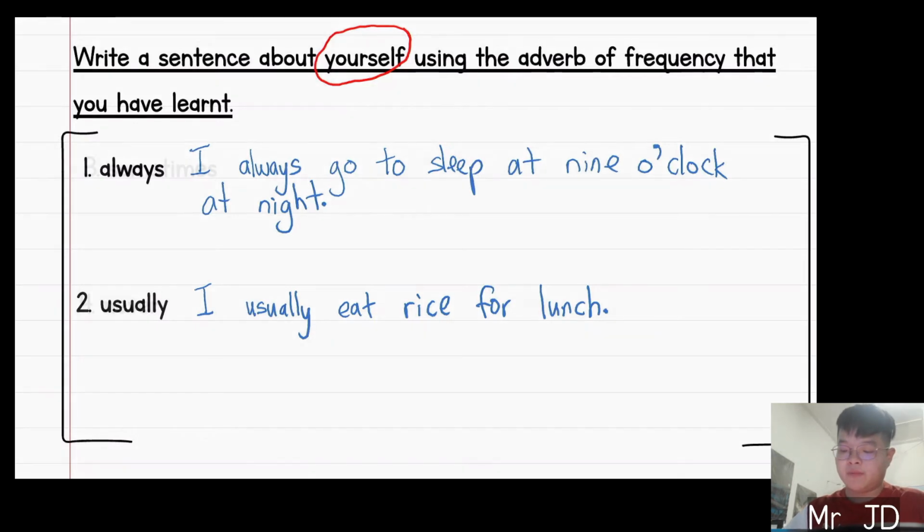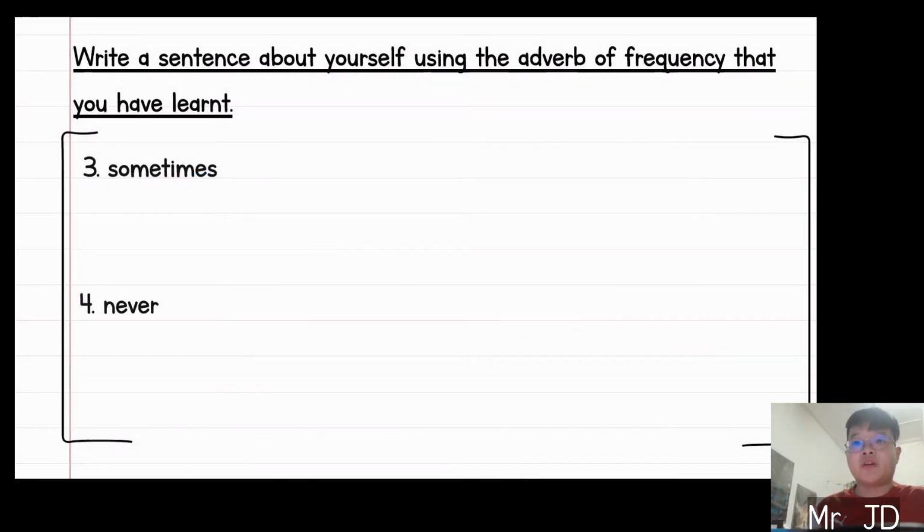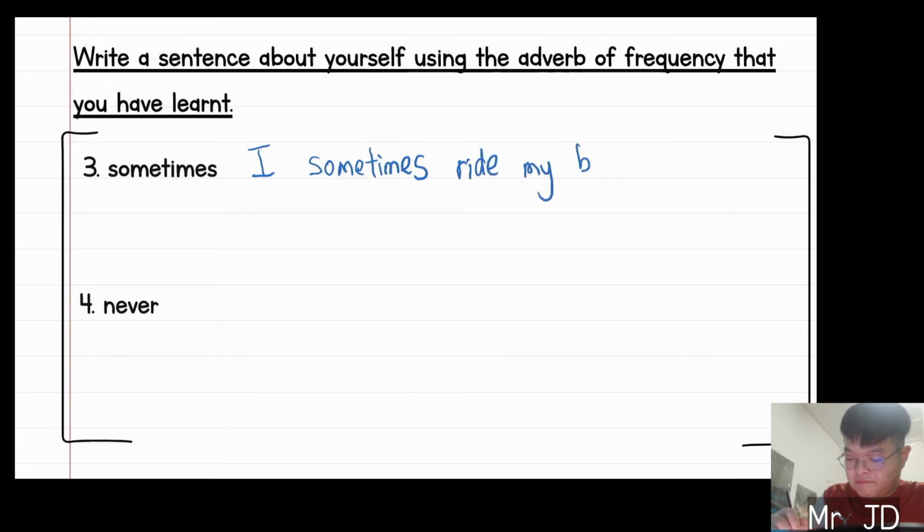Let's look at the next one. Alright, so the next one is sometimes. I sometimes ride my bicycle, for example, in the evening. Right? And the last one is never.